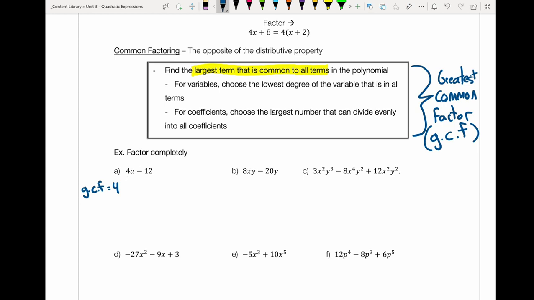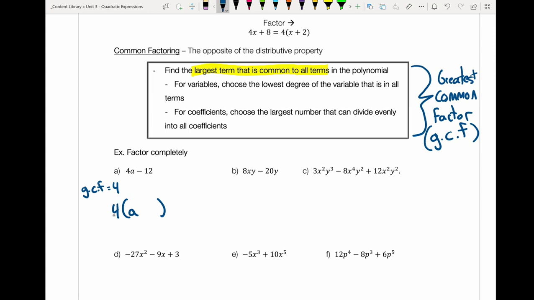Now that I have my greatest common factor, I'm going to do the opposite of expanding. So that greatest common factor comes outside of the bracket, and then how do I figure out what's inside the bracket? Well, what do I have to multiply 4 by to get to 4a? In that case, it's just a.